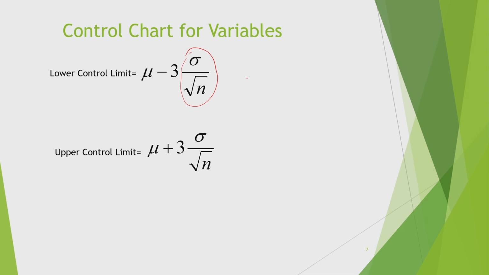So, up to plus 3 sigma there is an upper control limit, mu plus 3 standard error, that means sigma by root n, and mu minus 3 sigma by root n, that is also standard error. So, between these two limits 99.73% of data comes, because it is a theory that in a normal distribution, between plus minus 3 sigma limits, 99.73% of data will lie. So, therefore, these are the control limits.